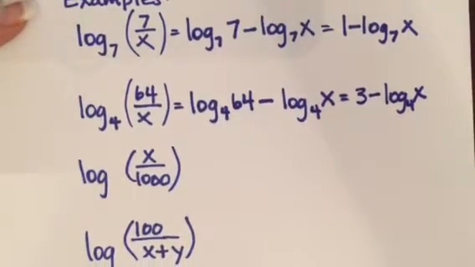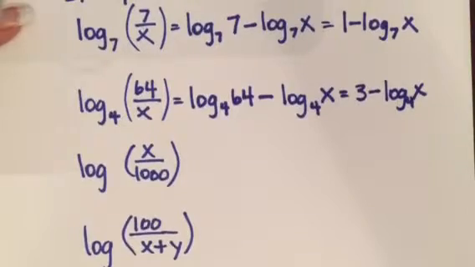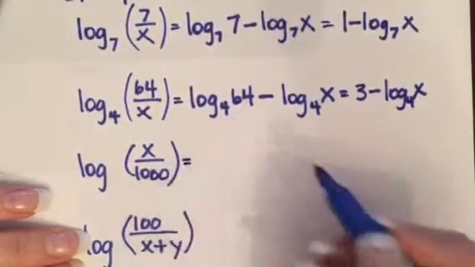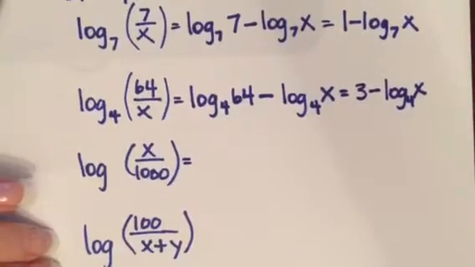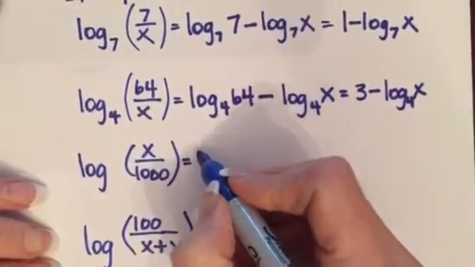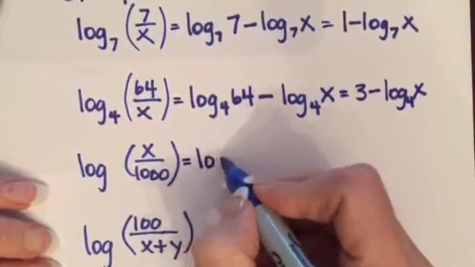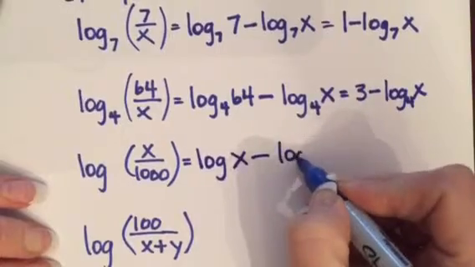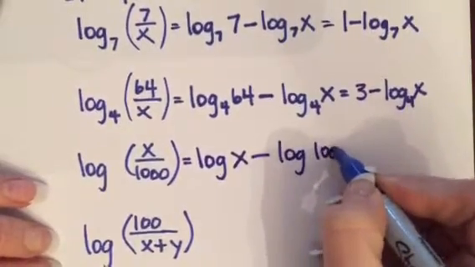We look at the next couple here. Let's look at this one. Notice there's no base here. Ooh, what does that mean? So we're going to say this is log of x minus log of 1,000.